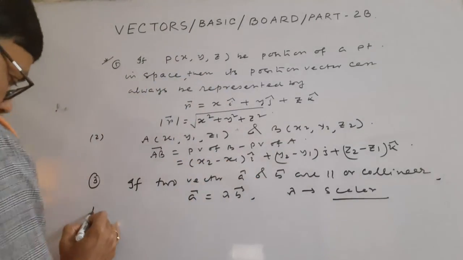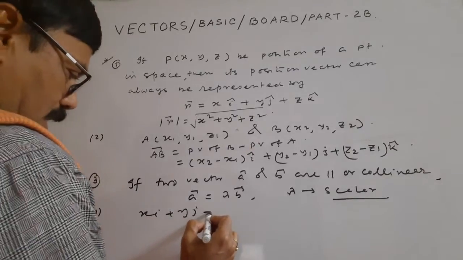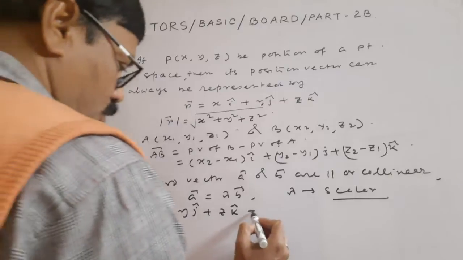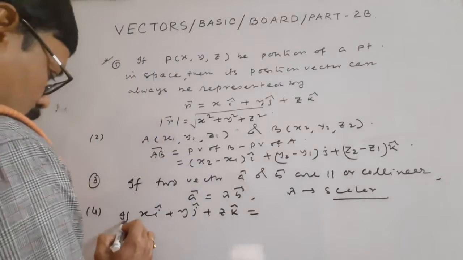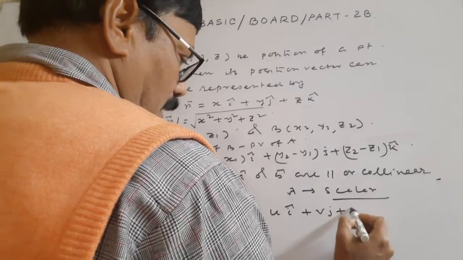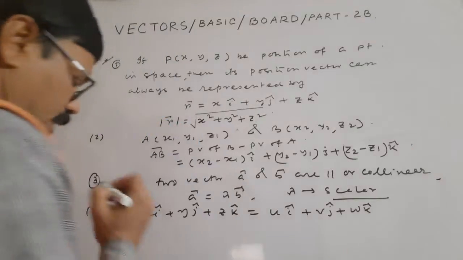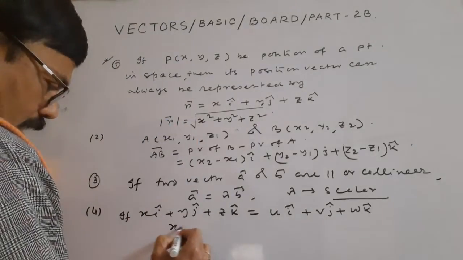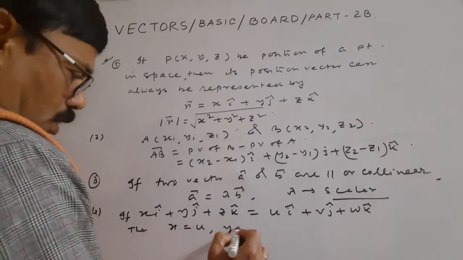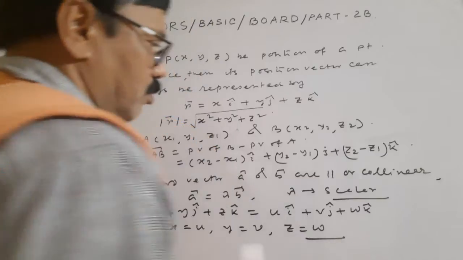And look, number 4, if xi plus yj plus zk equals ui plus vj plus wk, that is, if two vectors are equal, then x equals u, y equals v, z equals w.